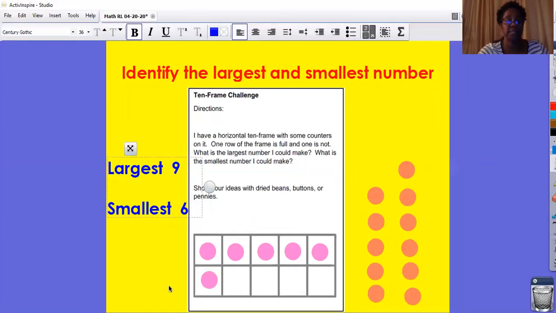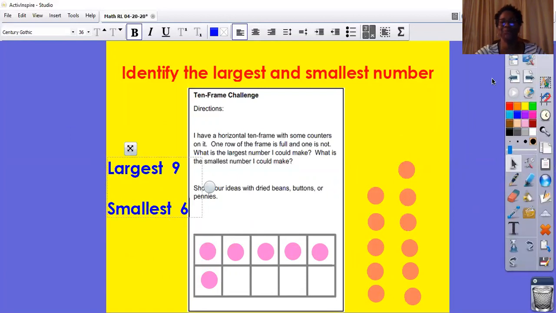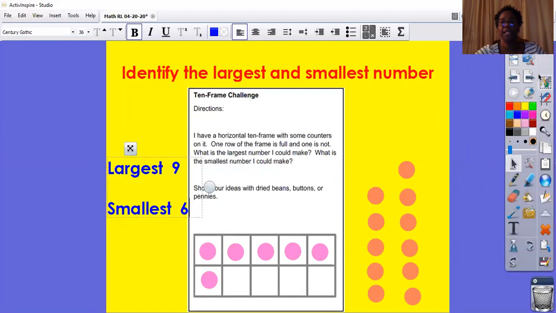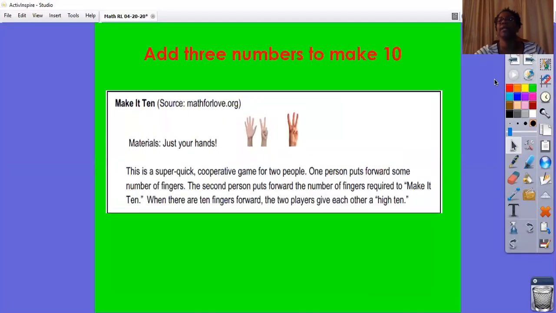Did you write 6? Well, you did a fine job. Way to go. All right. Now, we have identified the largest and smallest number in our 10 frame challenge. Let's move over to the next page.